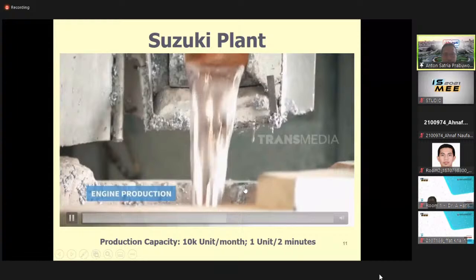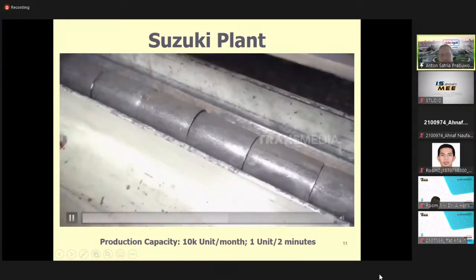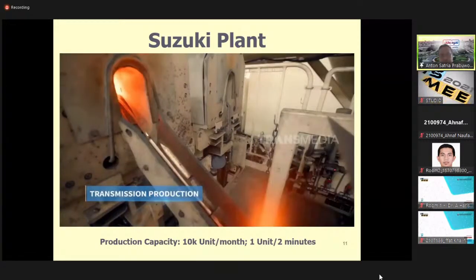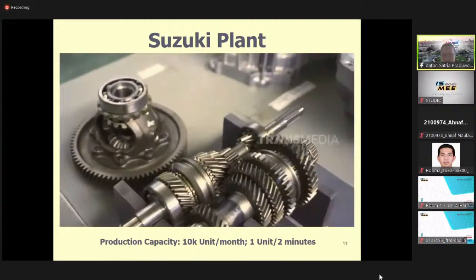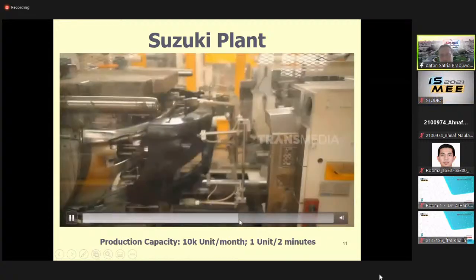So this is the engine production. So for gear and transmission of the engine, and then the plastic component for the dashboard, car.